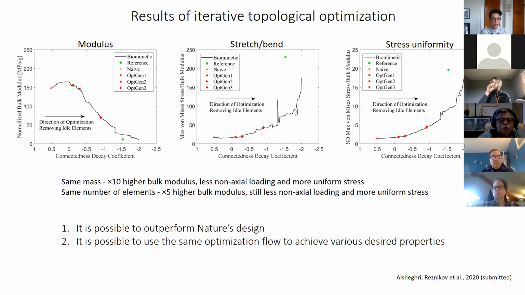It is also possible to use the same optimization recipe, the same generic trajectory of optimization, for achieving various desired properties. Let's say, for example, I want to obtain a structure of minimal weight, and that would be bending-dominated, for a sacrificial structure.